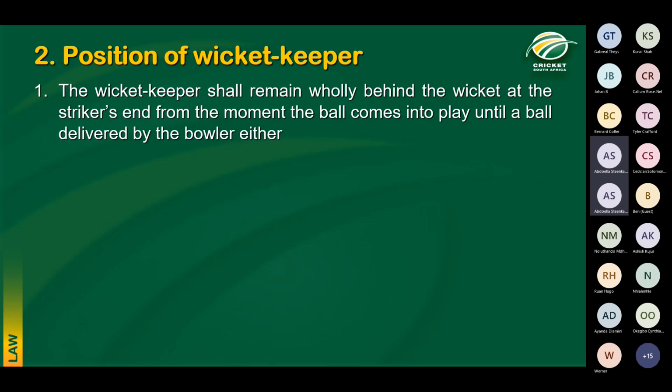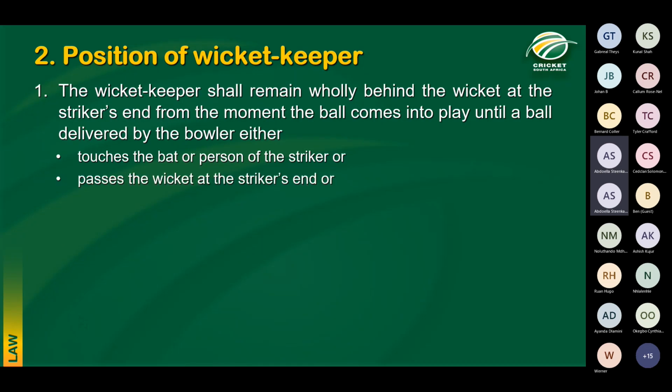So the keeper at all times needs to stay behind the stumps from the moment the bowler takes that first step until the ball is delivered, unless it touches the bat or person of the striker, or passes the wicket at the striker's end, or the striker attempts a run.